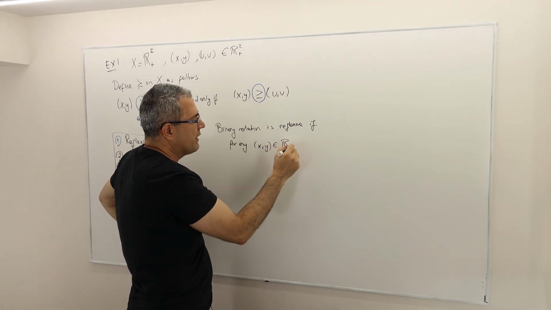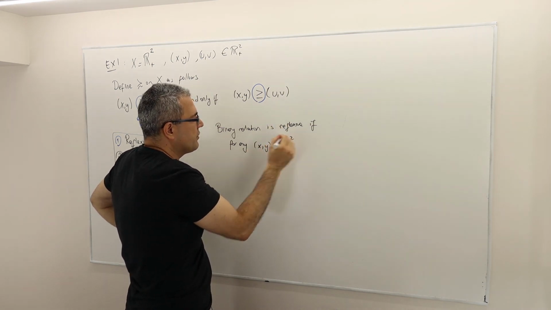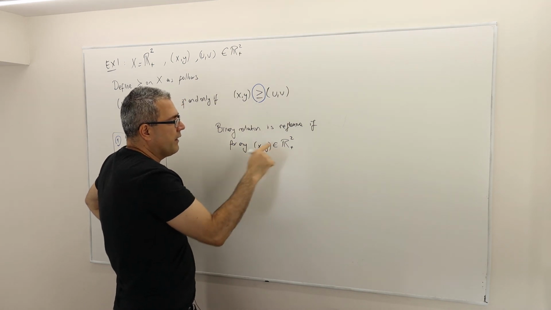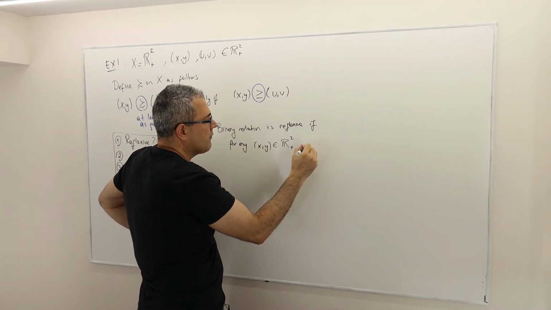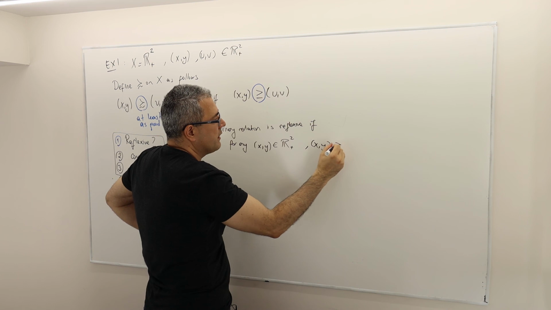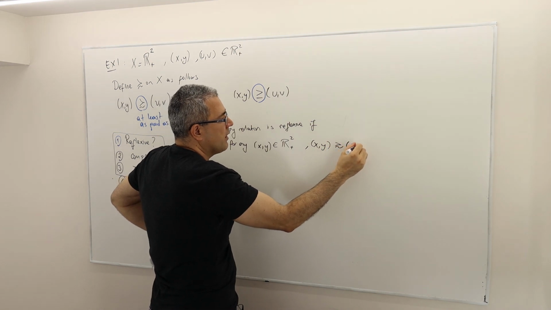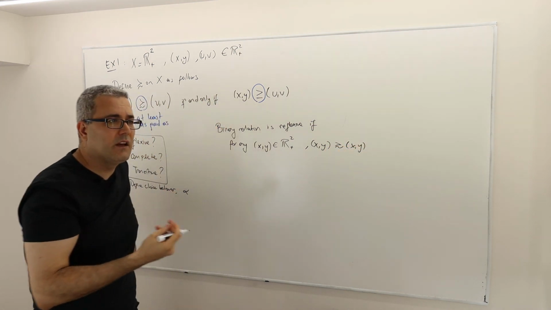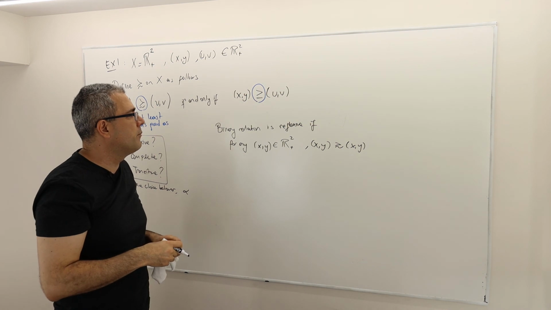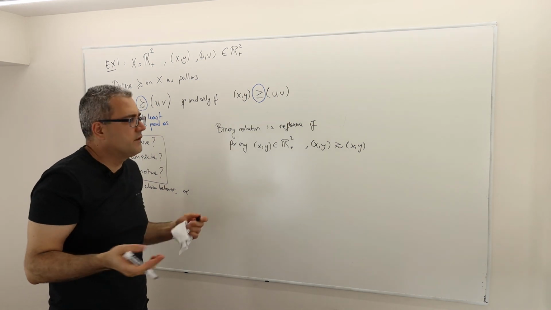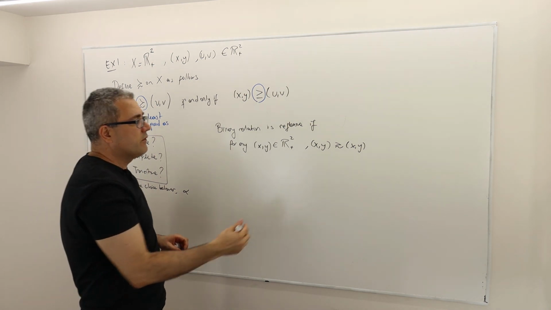I'm not making a general definition here. So for any vector xy, xy should be at least as good as xy itself, right? So that's the definition of a binary relation being reflexive. That's it. Well, is it really the case?